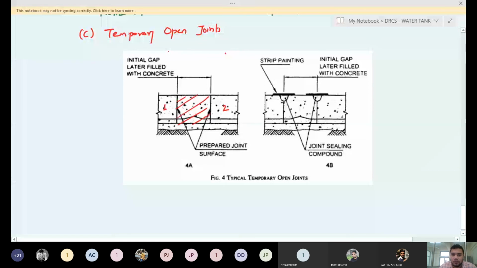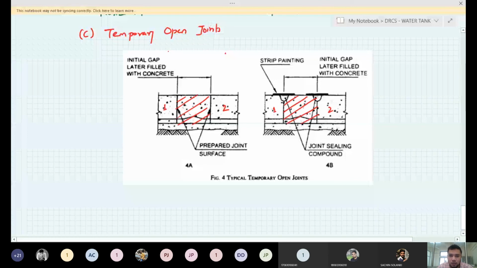Same way, this is one type of temporary open joint, and in another type, this is the newly filled concrete between the two surfaces. This is surface 1 and this is surface 2, and in between the concrete is filled.